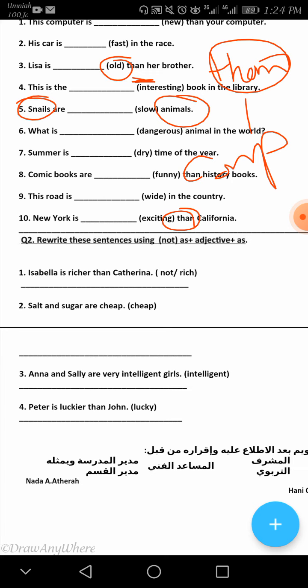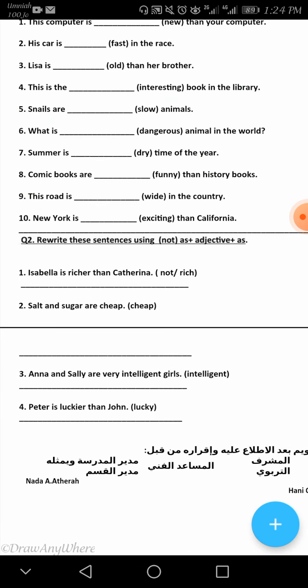Comic books are ___ funny than. مادام شفت than على طول comparative يعني يا راح أضيف er or more. Be careful at the end إذا انتهت بواي. This road is ___ wide in the country. الرود قارنته بجميع طرق الكاونتري. New York is ___ exciting than California. مدام عندي than أكيد راح أستعمل comparative more or er حسب short adjective or long adjective.